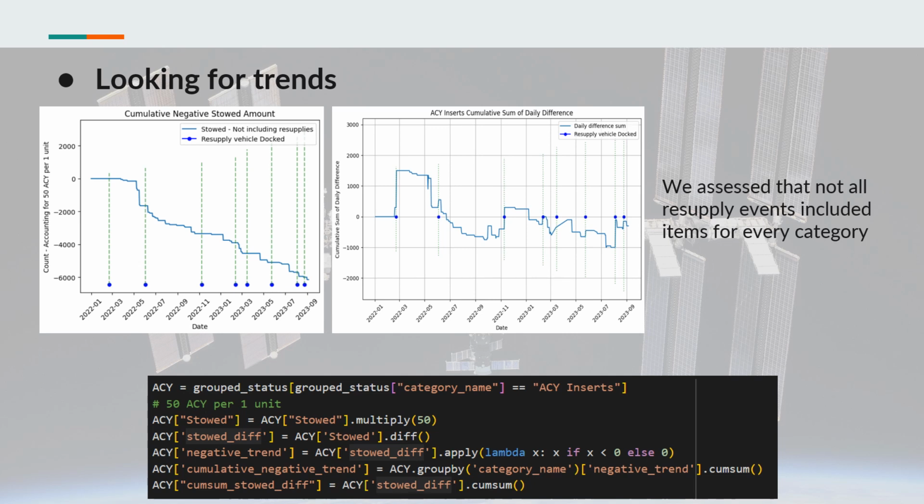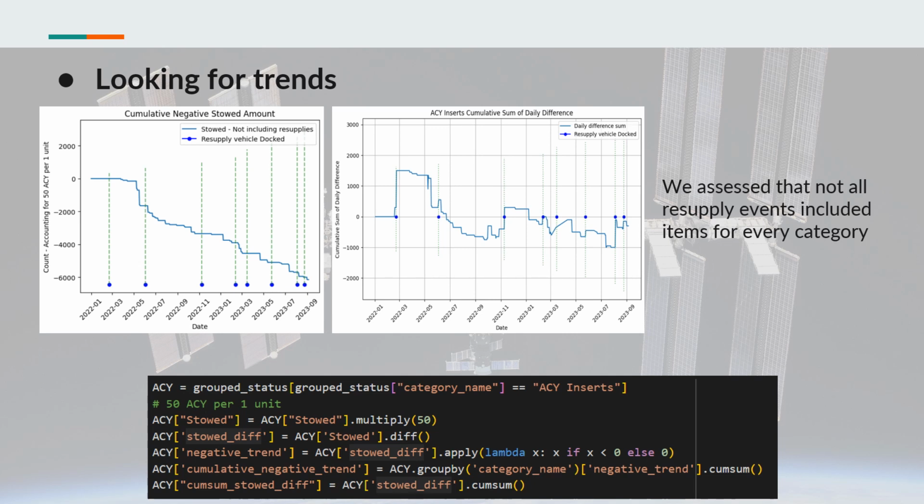The ACY stow difference is the daily difference that we saw. The negative trend is only the negative daily differences, so this omits the resupplies. The cumulative negative trend is a cumulative sum of all of the negative daily differences, and the stowed difference cumulative sum is just that.